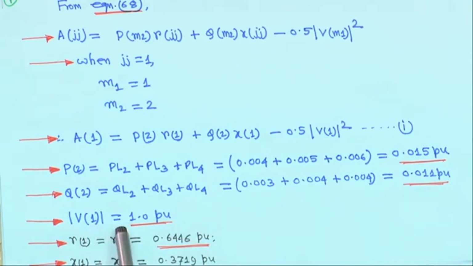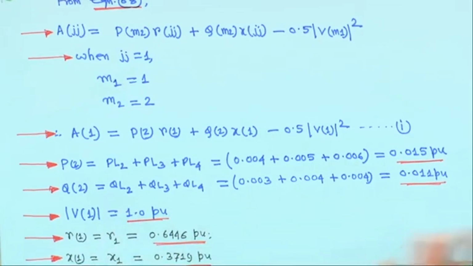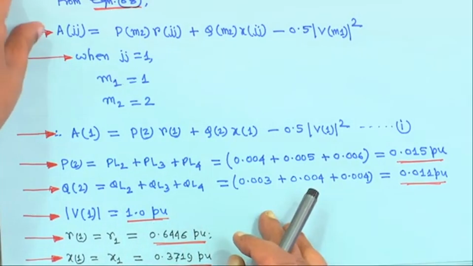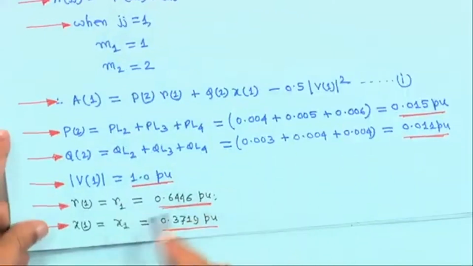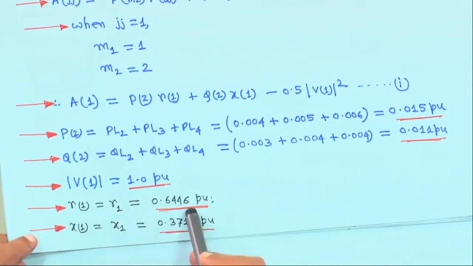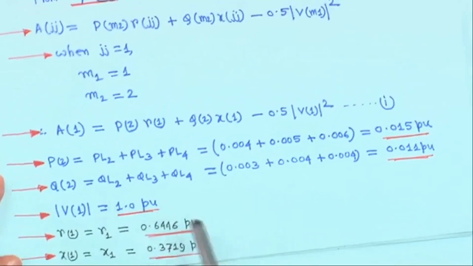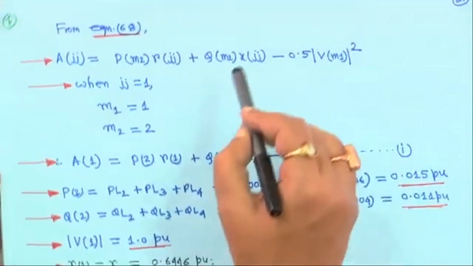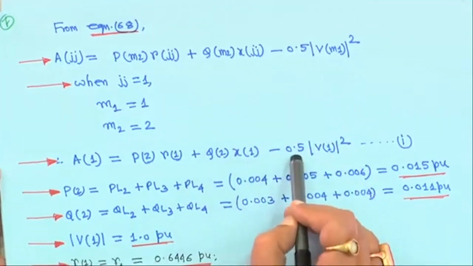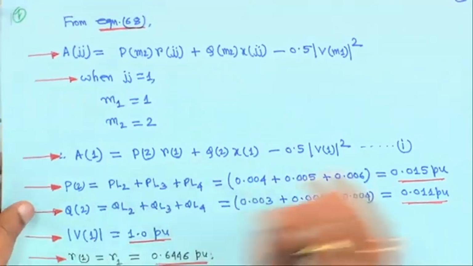Voltage at the substation is known, because it is 1 angle 0. So, magnitude V1 is equal to 1, this is known, right, and R1 I told you is 0.6446 per unit, and X1 is 0.3719 per unit. So, all this data you put here in this equation and calculate what is the value of A1.